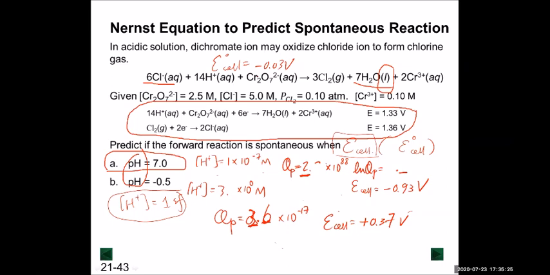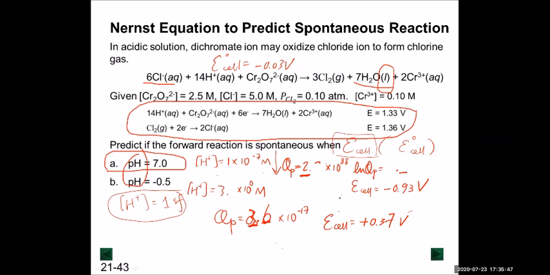By adjusting the pH, you can see when the pH is very high, that means your hydrogen ion concentration is very small. As a reactant, a low concentration is actually not favorable for the forward reaction, according to Le Chatelier's principle.